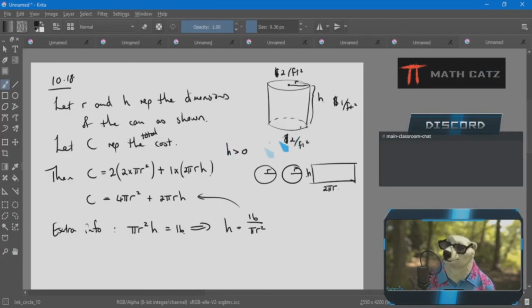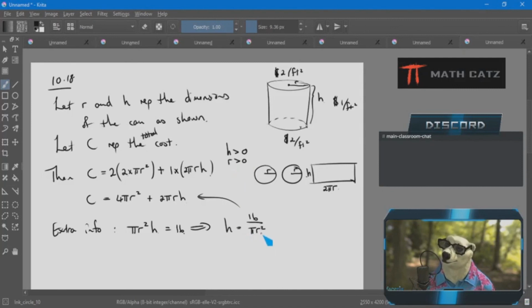Then I won't have a volume. As well, the radius has to be a positive value. And if I let that shrink down to 0, the can is going to be super thin and super tall, because I have a fixed volume that I have to get. So a decrease in one is an increase in the other one, which you can see here as well.